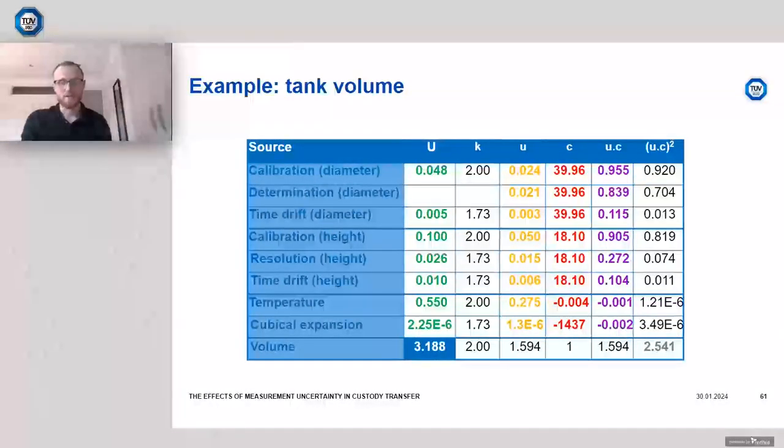We then calculate our sensitivity coefficient and then our UC term. We do the root sum square method, so we square all of the purple values and then sum the squared values together. And then from there we take the square root and then express at the appropriate confidence level to give an uncertainty of 3.188.